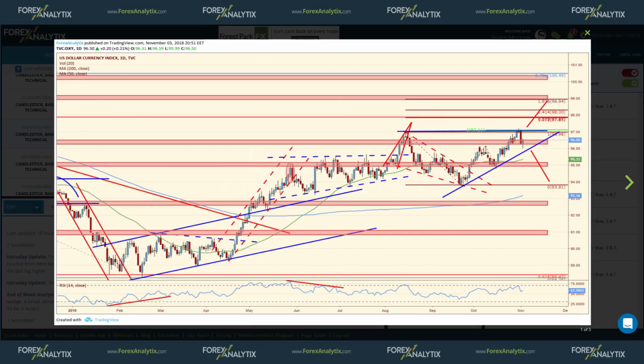And remember, we're not expecting the Fed to raise rates now; we are expecting them to raise rates in December. So we're not expecting any real big changes from the FOMC. But the dollar does look vulnerable, especially if we take out this uptrend line. If we break below 96, 95.80 in the dollar index, that's going to be a pretty bearish event for the dollar itself.